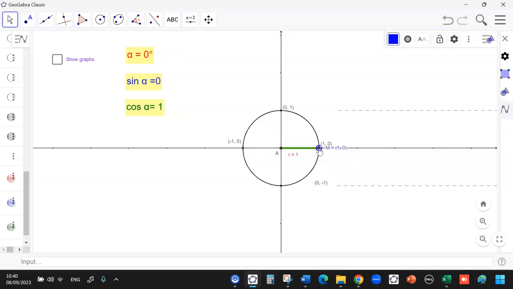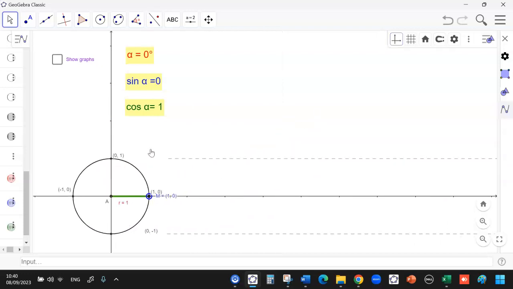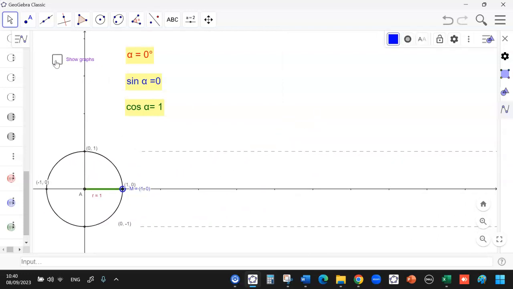The cosine starts at 1, goes down to 0, down to -1, back to 0, and back to 1. If you want to see the graphs, let's do the circle again. And here you can see the graphs.